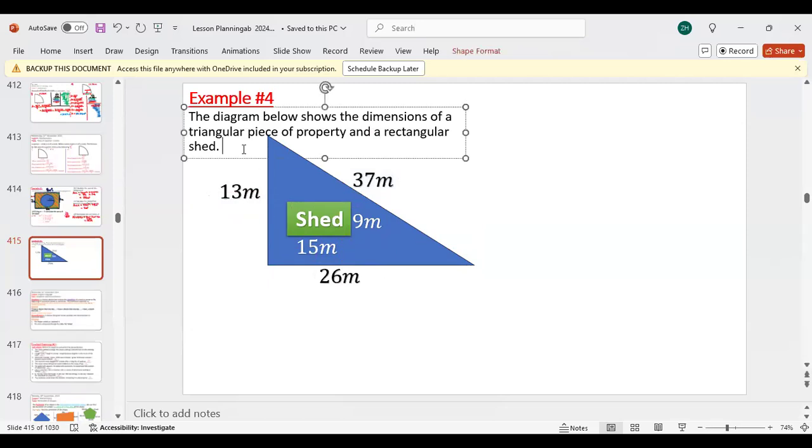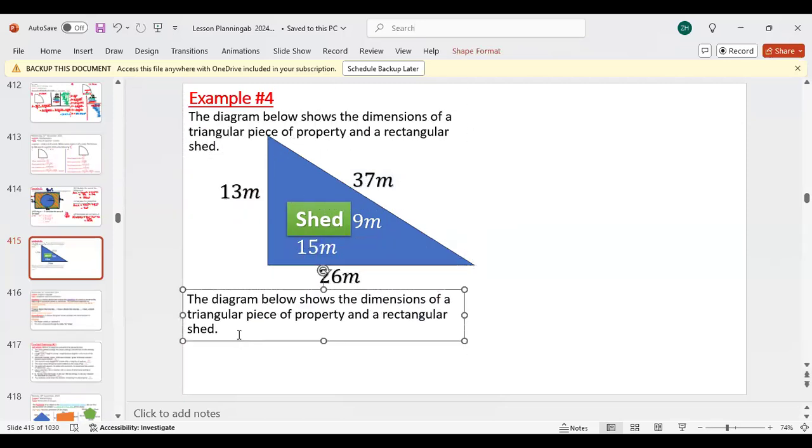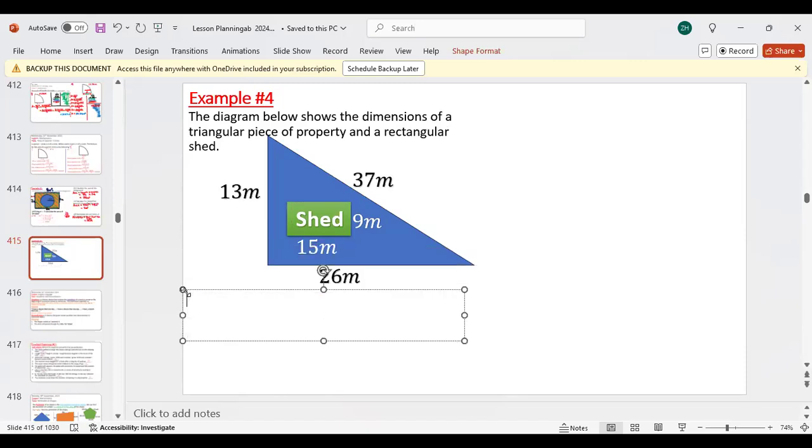Okay, good. So what we need is to figure out, so the diagram below shows the dimensions of a triangular piece of property and a rectangular shed in the middle. Calculate the area of, I want the area of the property.